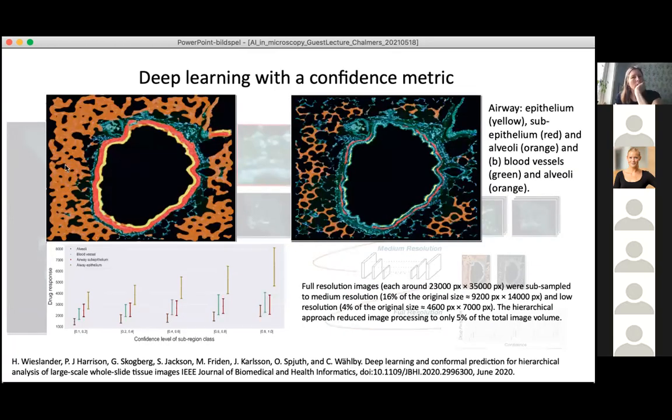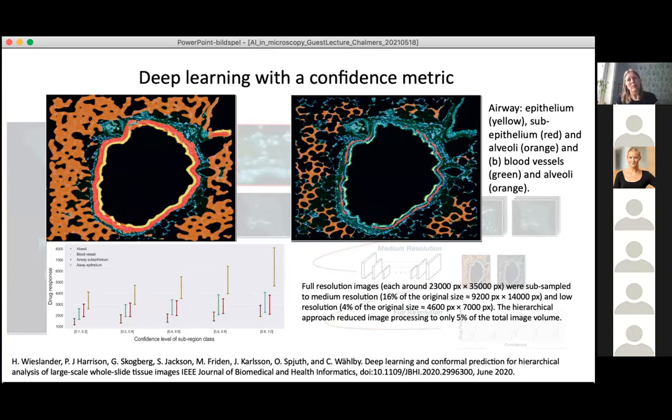So our output for detecting these different parts of the tissue is a map like this, saying that we have found an airway, we have found the subepithelium, and also some blood vessels and some alveoli.